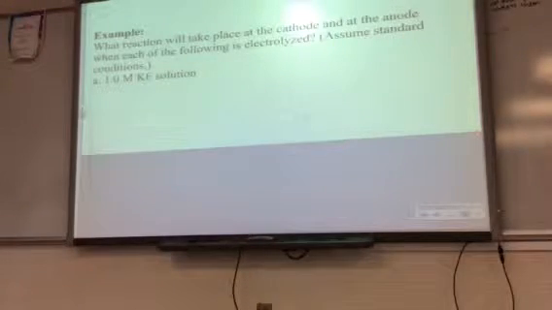Can potassium oxidize? Potassium is positive 1. Can it go higher than positive 1? Nope. Can fluoride oxidize? It's got a negative 1. Can it go up? Yes, to F2, to neutral fluorine. So for fluoride ion to oxidize, look at your table, the very first equation, a half reaction on there. Remember, we're talking oxidation, so you got to turn it around.